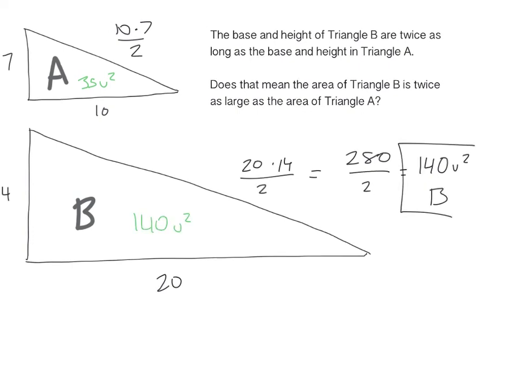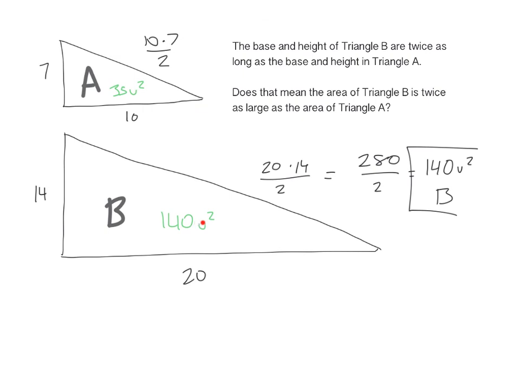So here's the question. Is this twice that? No, it's not. Even though we double the height in B and we double the base in B, the area in triangle B is more than double the area of A. In fact, it's actually how much? How many times does 35 go into 140?